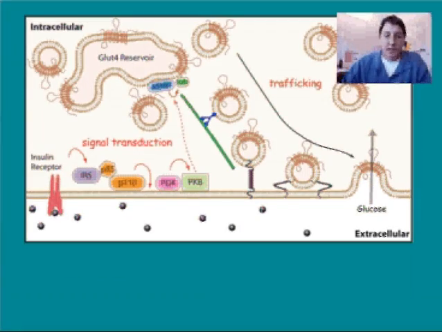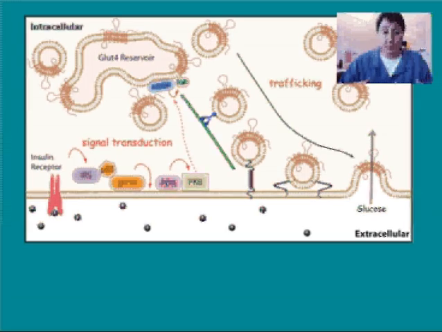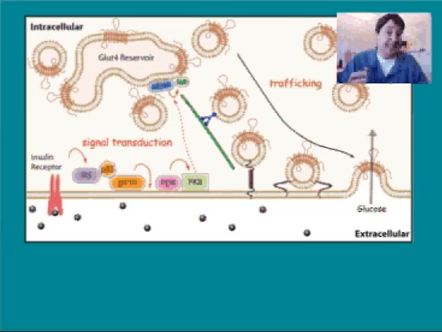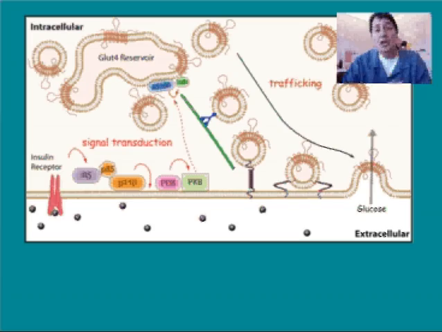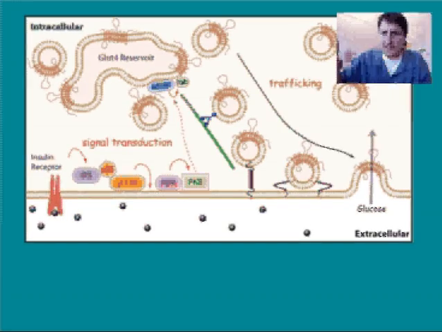Okay, and this is just showing you the actual trafficking that occurs. The insulin binding to the insulin receptor, shown on the bottom left of this picture, causes the activation of an insulin responsive protein that activates the P85, P110, which is a phosphatidylinositol 3 kinase. That activates another molecule called PDK. It's another kinase, which activates protein kinase B. All of this is kinase activation.